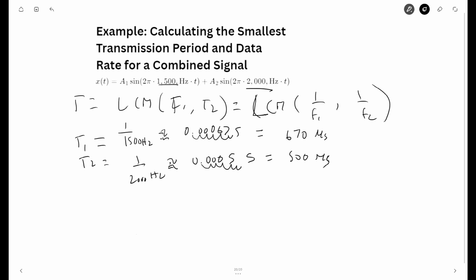Now we can find the LCM of 670 microseconds and 500 microseconds. LCM is least common multiple. So these are approximately 500 each, and the least common multiple would be approximately 1000 microseconds.